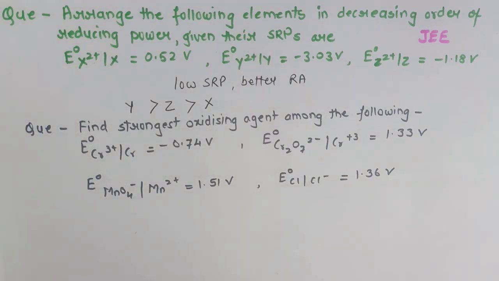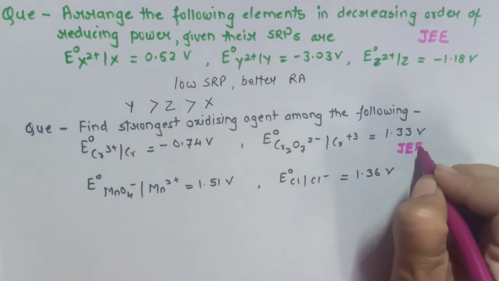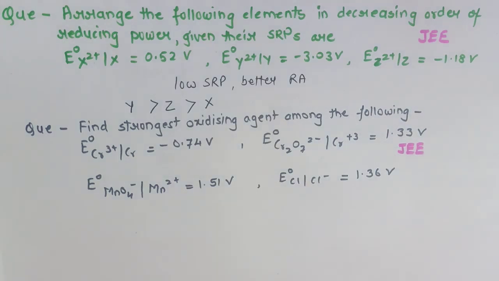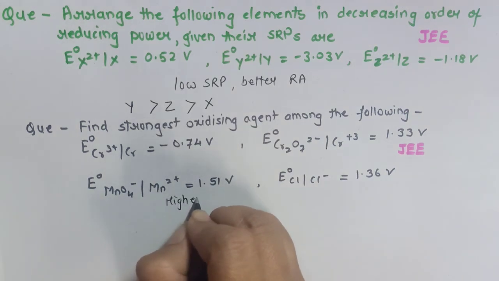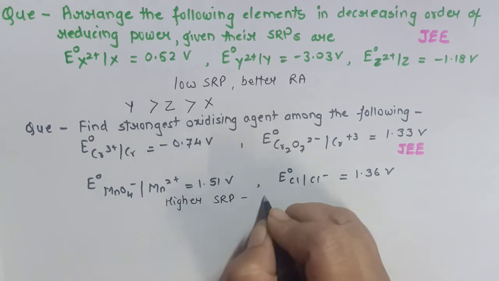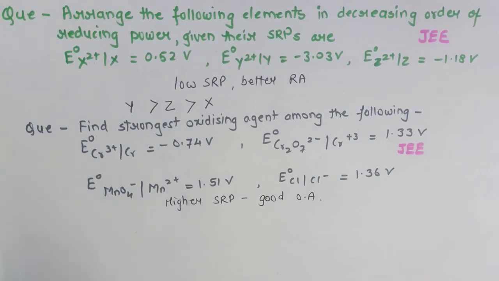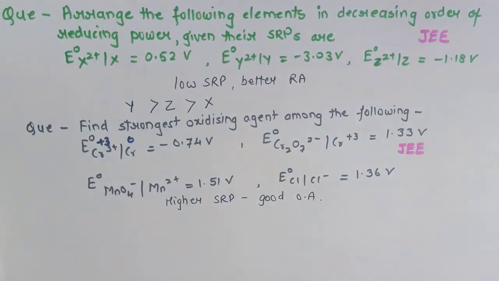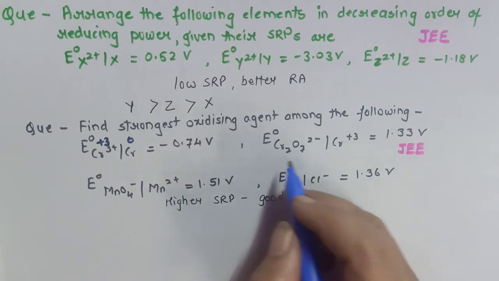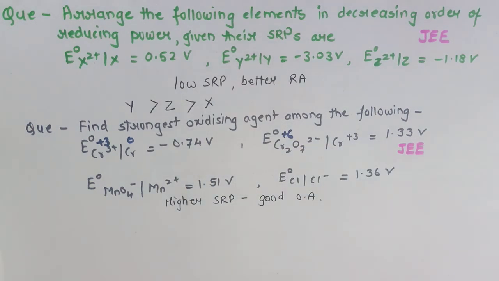In the next question, we are supposed to find the strongest oxidizing agent. This is also your JEE question. This was asked in year 2017. We know higher the value of SRP, the better it is as an oxidizing agent. Now let us find out here. Chromium, here from plus 3 oxidation state, it is getting converted to 0. In the second example, from plus 6 oxidation state, it is getting converted to plus 3.